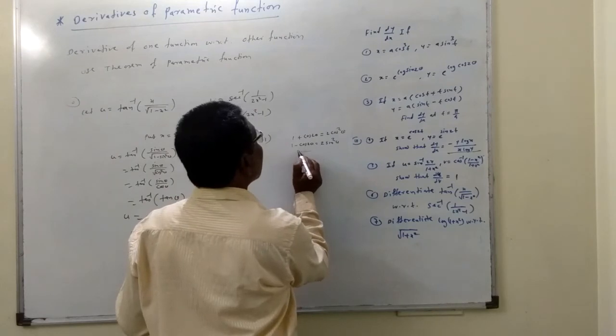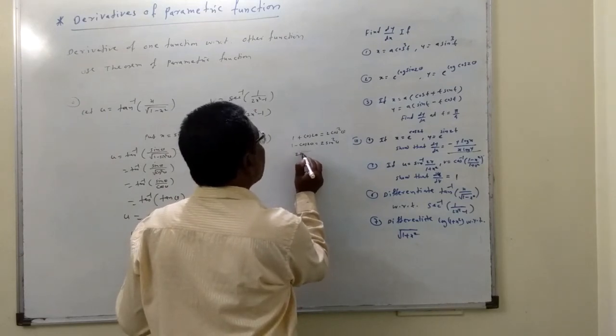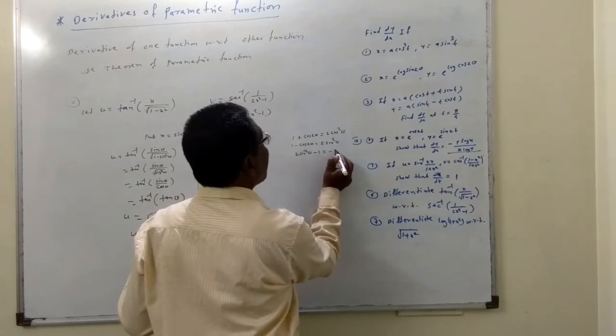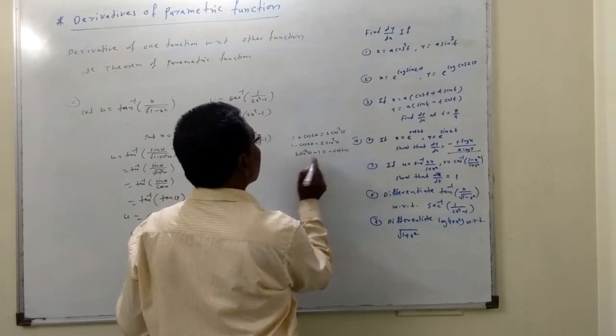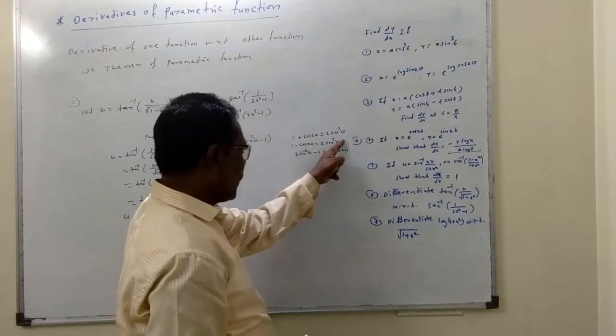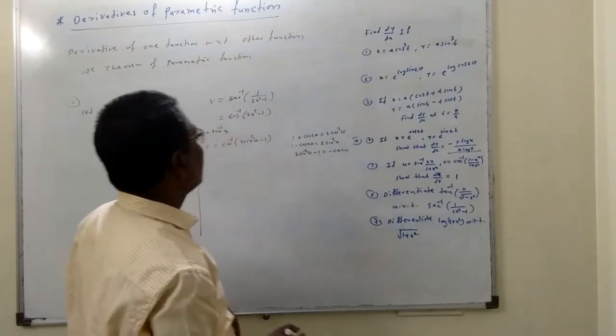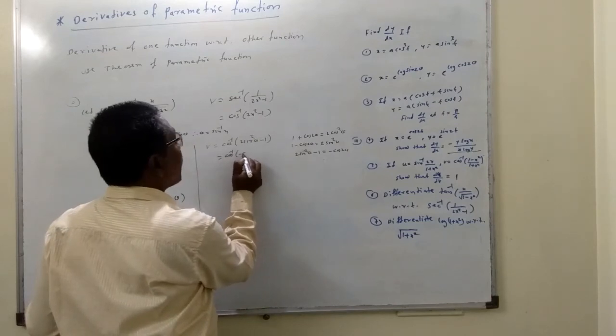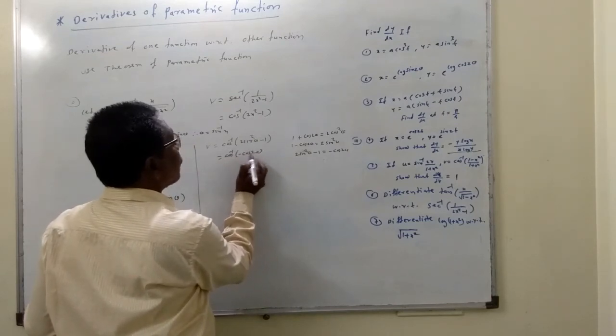So 2 sine square theta minus 1 is equal to minus cos 2 theta. So we get cos inverse of minus cos 2 theta.